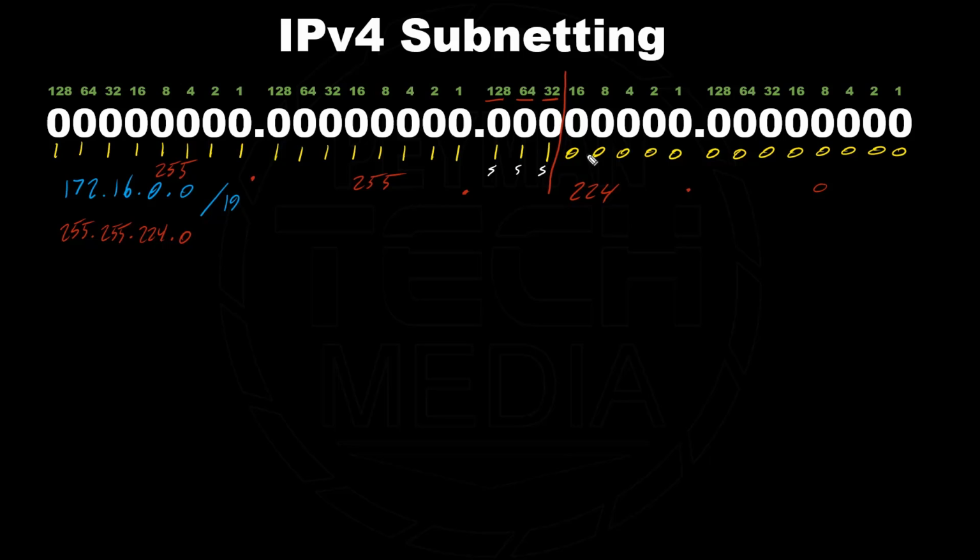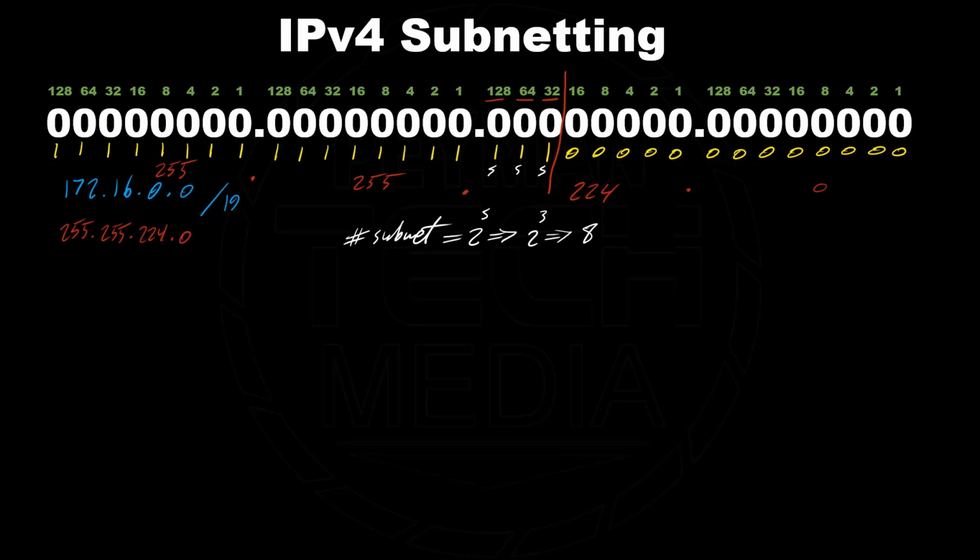All the ones represent network bits and zeros host bits; the ones that we borrowed from the host bits are known as subnet bits. And if we want to find the number of subnets, the formula is 2 to the power of subnet bits. In this case, we have 3 subnet bits, 2 to the power of 3, which is 8.